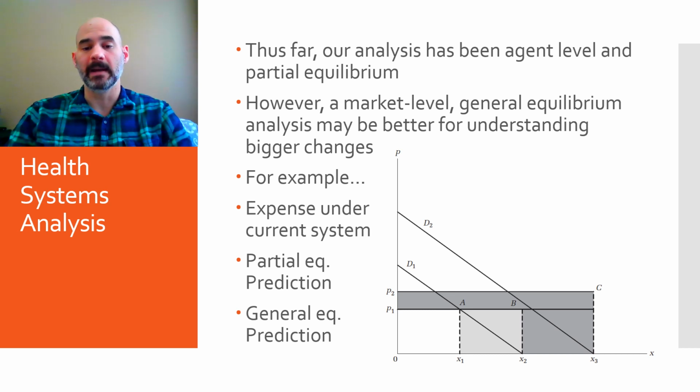And if we're assuming that the price that the society still has to pay is P1, then the total healthcare expenditure would be that per unit price, P1, multiplied by the total level of healthcare services consumed, X2. And so it would be this entire rectangle with a height of P1 and a width of X2.